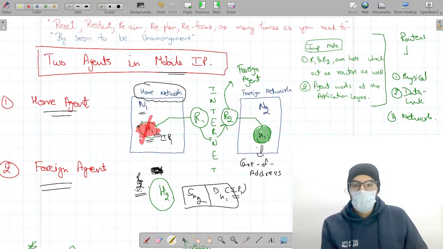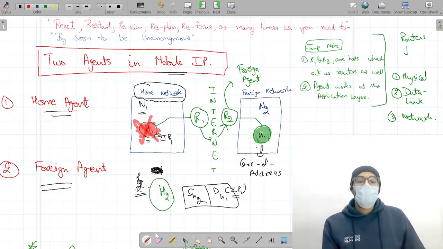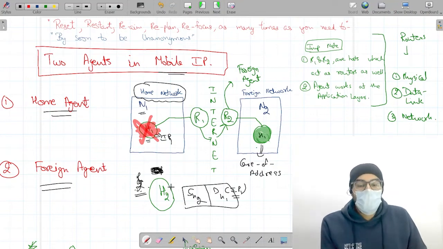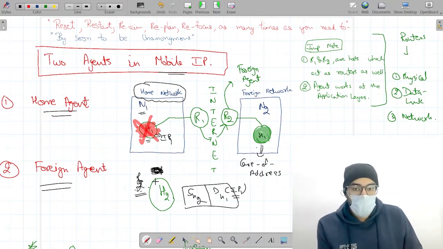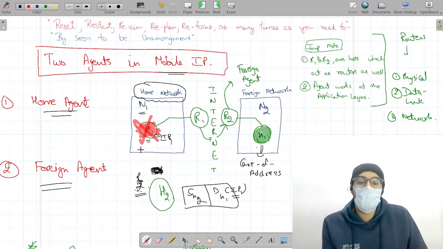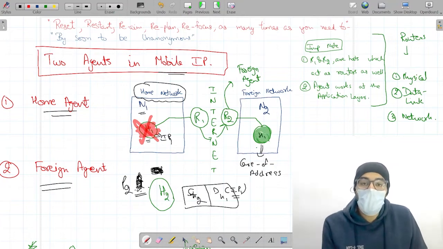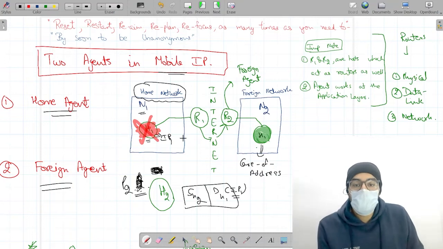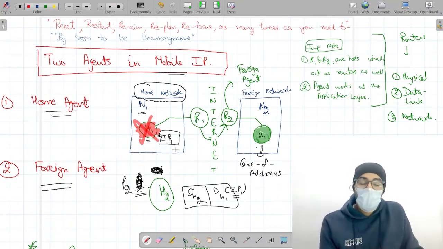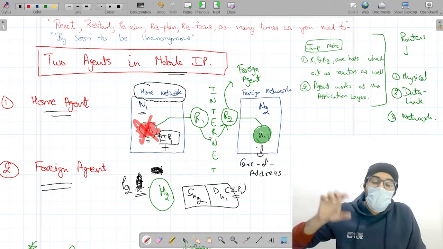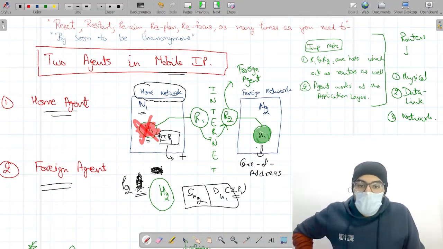Still, host 2 does not know about this, that host 1 is not residing over here. In the packet P2, host 2 is going to enter in the destination field the initial IP1, the initial address of host 1. We call this initial address that host 1 had in the home network the permanent IP.